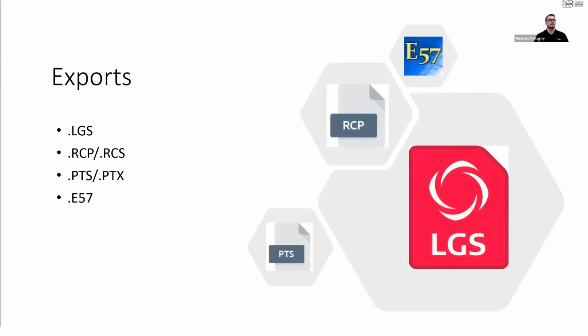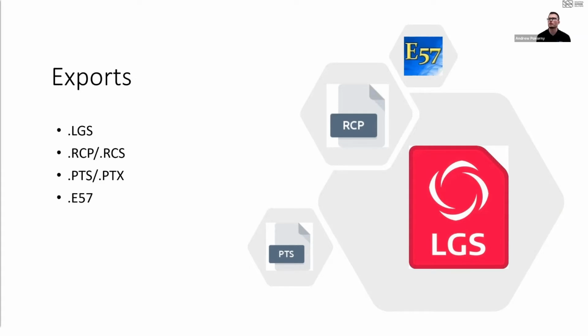LGS file, that's the one we just showed there, and we'll bring that back up for a few different things moving forward in this webinar. But RCP, that's the Recap file. That's Autodesk's point file that is pretty native to their programs, whether it's Civil 3D, AutoCAD Architecture, Navisworks, or Revit.